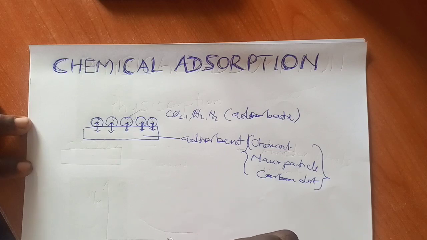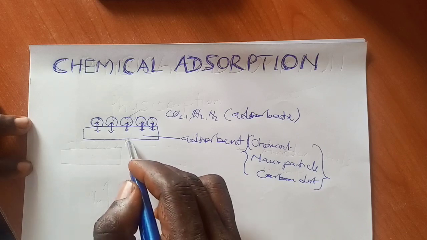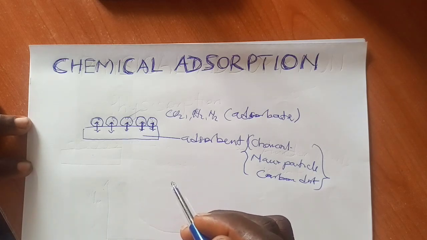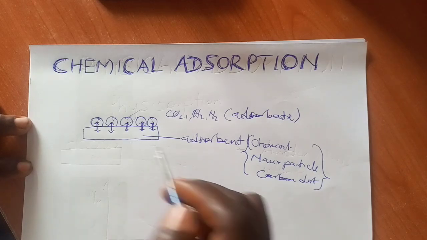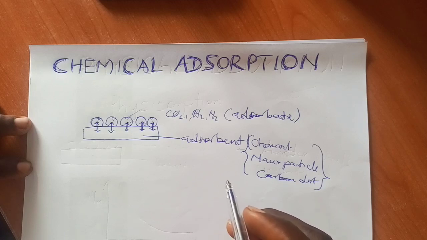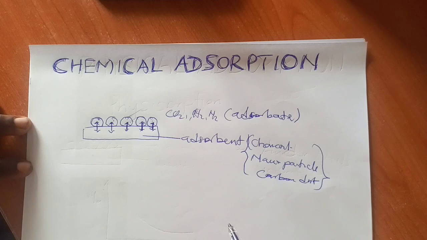And here it can easily form a monomolecular layer, or a monolayer. So while physisorption goes for multilayers, chemical adsorption goes for a monolayer. Physical adsorption does not require any activation energy because the bond is very weak, while chemical adsorption requires activation energy, and it is very important.